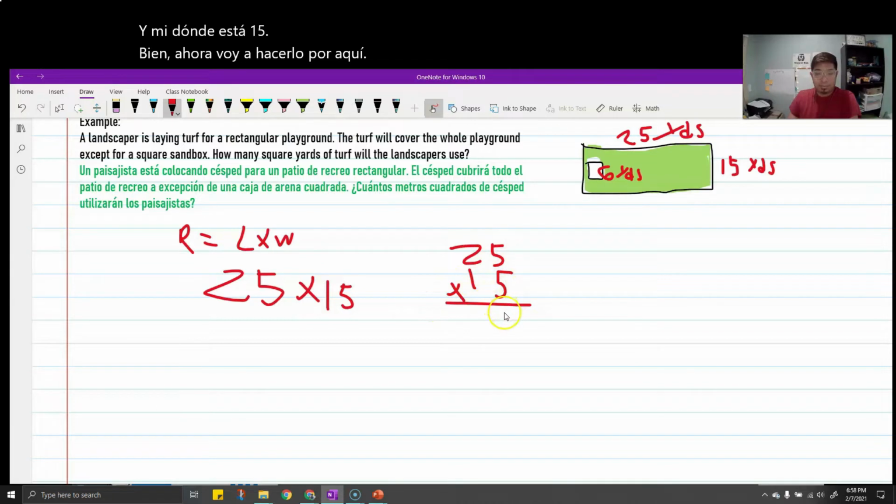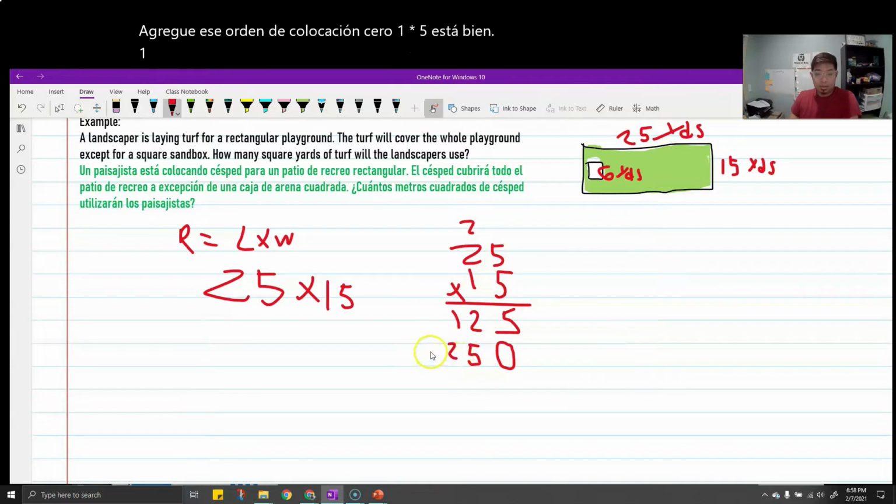Five times 5 is 25. 5 times 2 is 10, plus 2 is 12. Add that placeholder 0. 1 times 5 is 5. 1 times 2 is 2. Now we'll just add the whole thing.